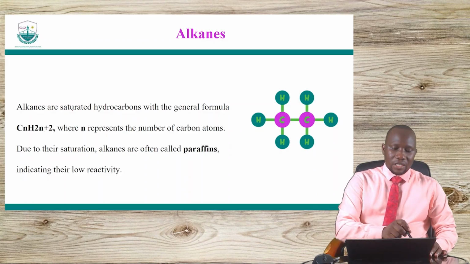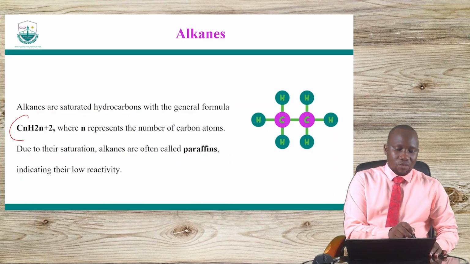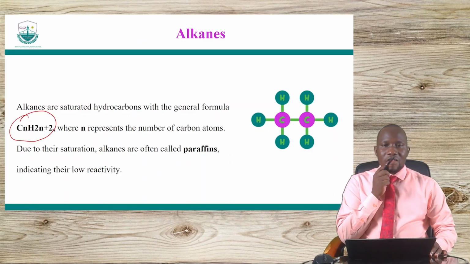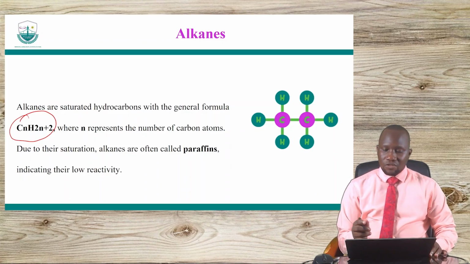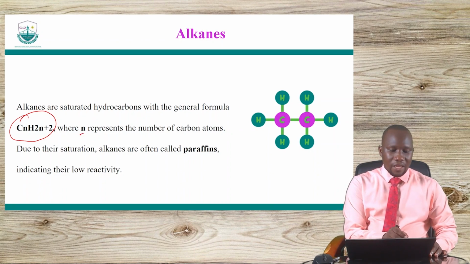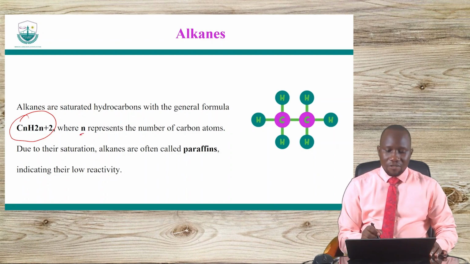Alkanes are saturated and they have a general formula like that. The interpretation of this general formula is that if that n is 3, that means you have this H to n, right?